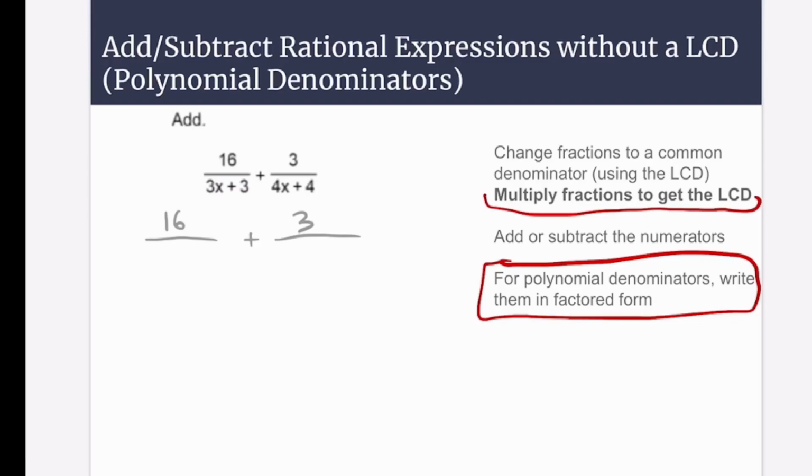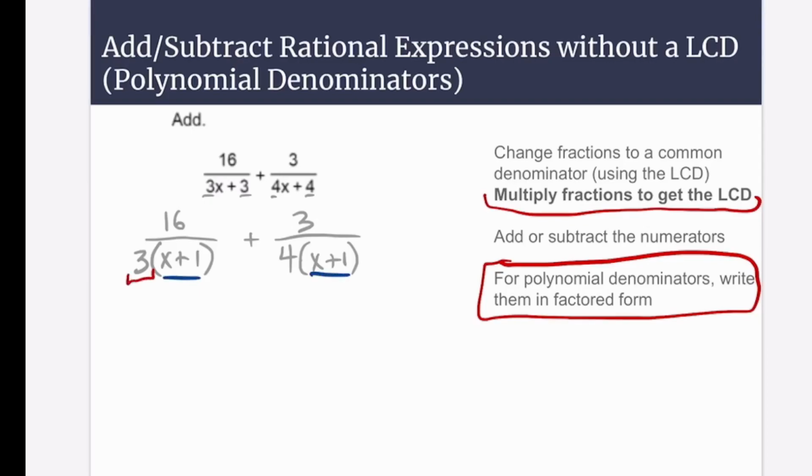The 3x plus 3 has a common factor of 3. So we could take 3 out, and if we divide it out, we're left with x plus 1. The 4x plus 4 similarly has a common factor of 4, so we can take that out, and we're also left with x plus 1. Both of these denominators have x plus 1 already.